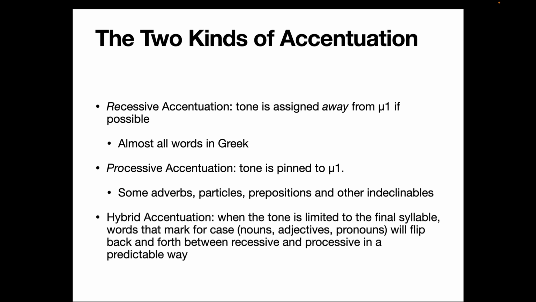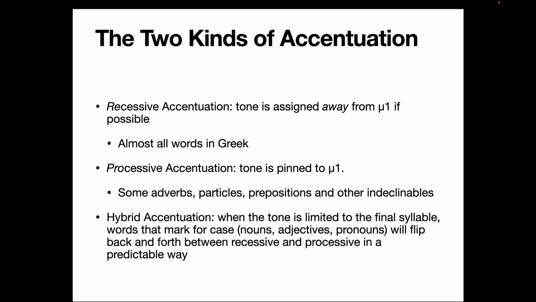But there's one place in which processive accentuation plays an important role, and this is more common than you might want to deal with at this stage. But you're going to need to know it, and you're going to need to learn it, and you're going to need to be able to get it very early on in your Greek career. I've told you that recessive accentuation tries to pull the tone away from the end of a word, but it's not always successful.